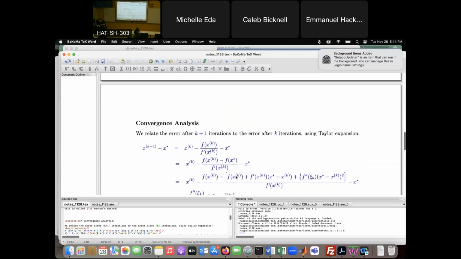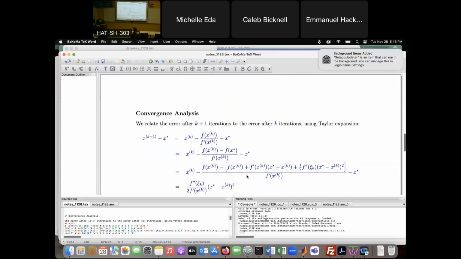And then if I'm taking a Taylor expansion of f of x star with the center being xk, this part in square brackets right here is a Taylor expansion of f of x star centered at xk. Now, first, these f of xk's right here will cancel.